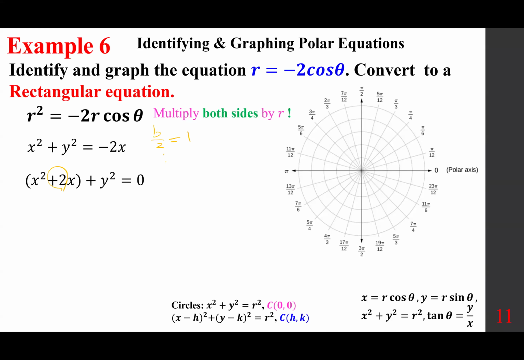Divide by 2 is 1. Square root is 1. So we are adding 1 to both sides. And this is the variable, happen to be x, and b over 2 happen to be positive 1, so plus 1 quantity squared. Okay, everybody?